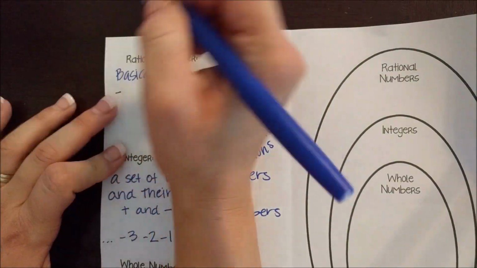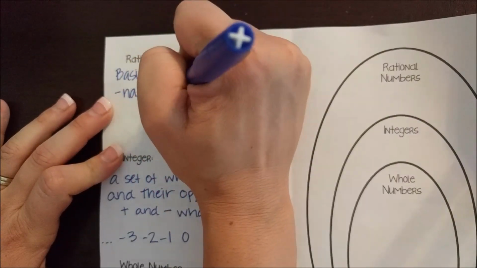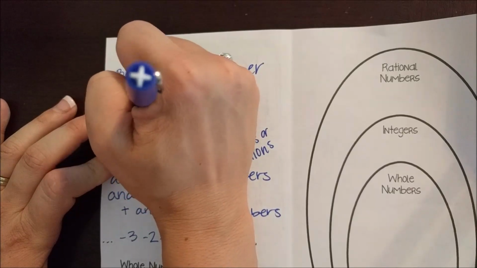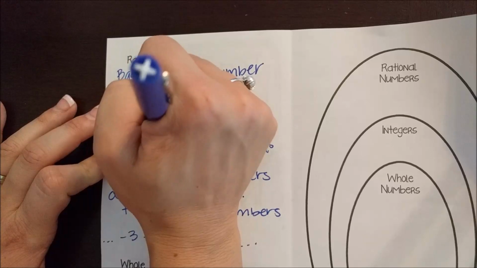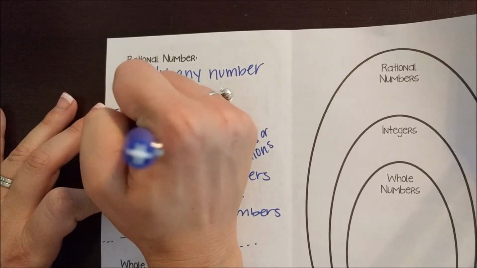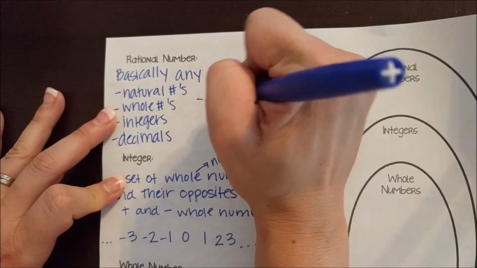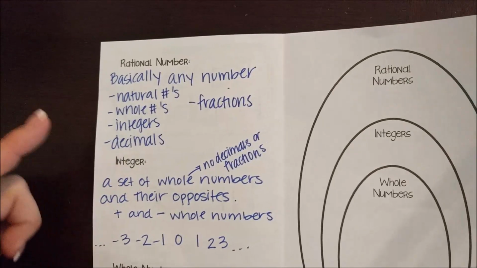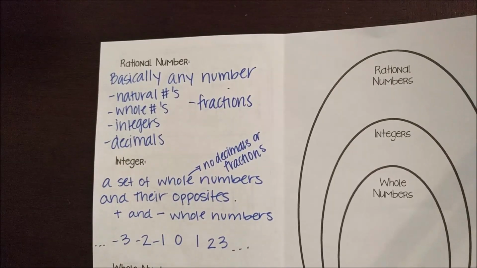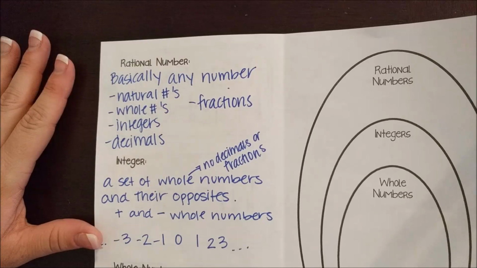They include natural numbers, whole numbers, integers, decimals, and fractions. Any number that we're going to deal with in 6th grade math is going to be a rational number.